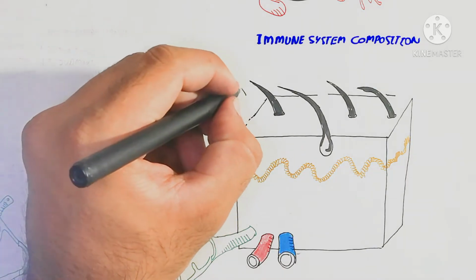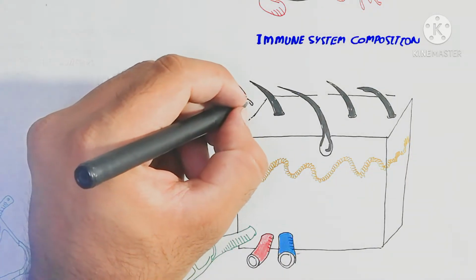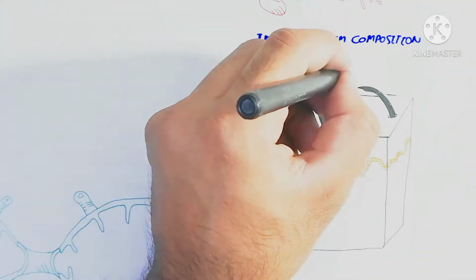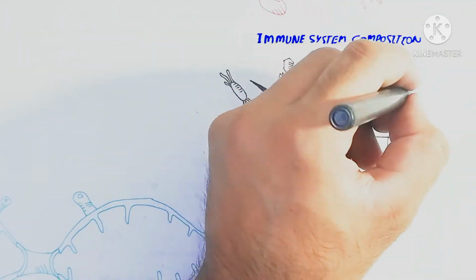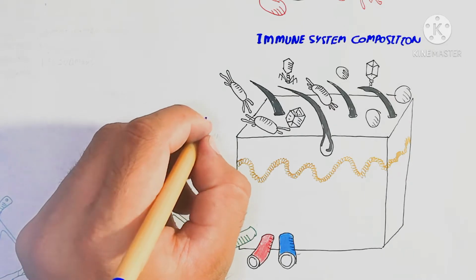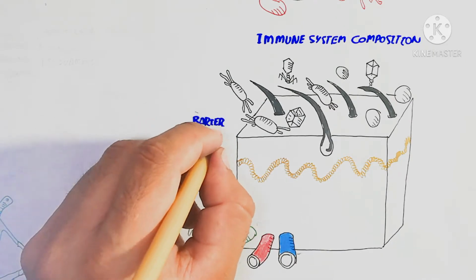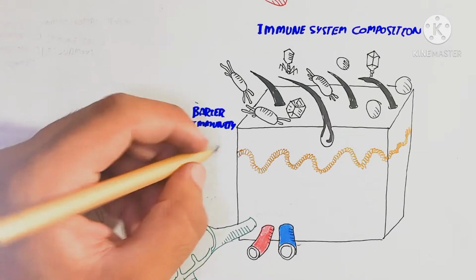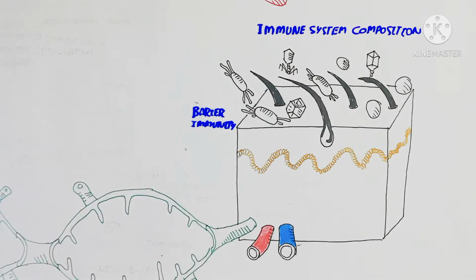First of all is the barrier immunity. A lot of microbiome is present on the upper side of the skin. The skin around our body, about 1.3 square meters, is known as the barrier immunity.